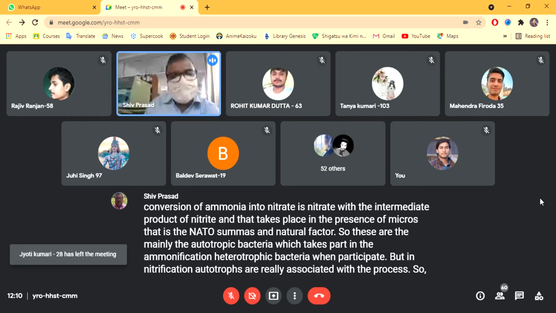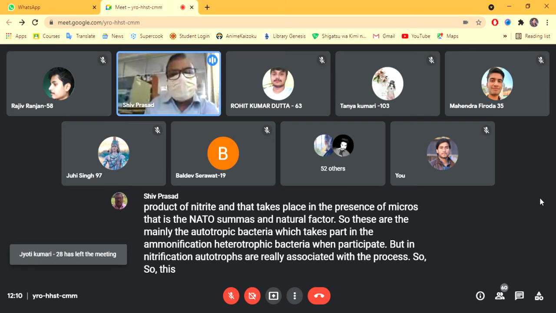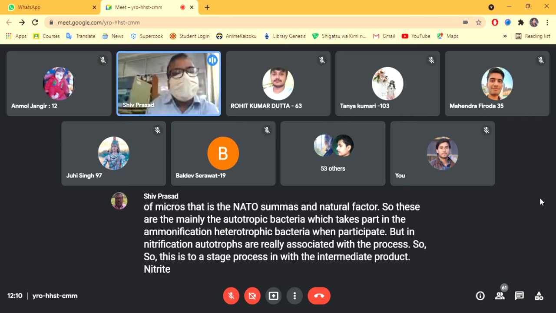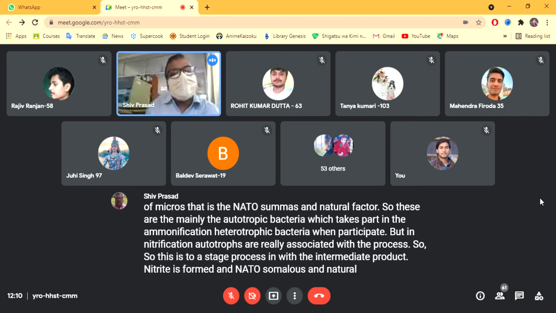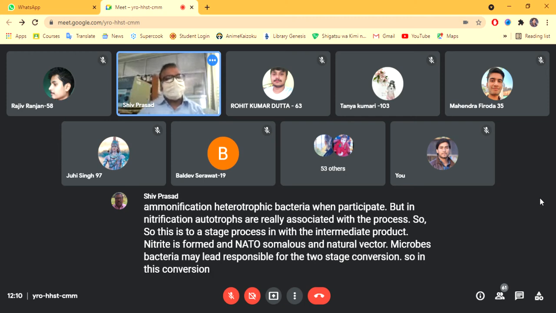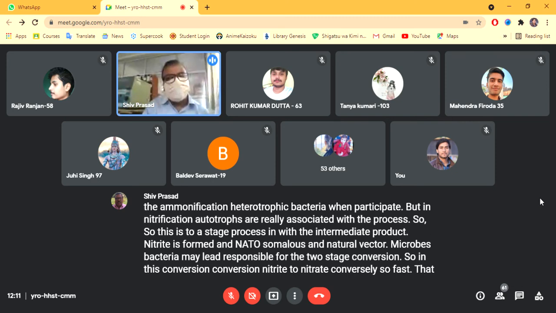This is a two-stage process in which the intermediate product nitrite is formed, and Nitrosomonas and Nitrobacter bacteria are mainly responsible for this two-stage conversion. In this conversion, nitrite to nitrate conversion is so fast that nitrite accumulation is rarely seen.